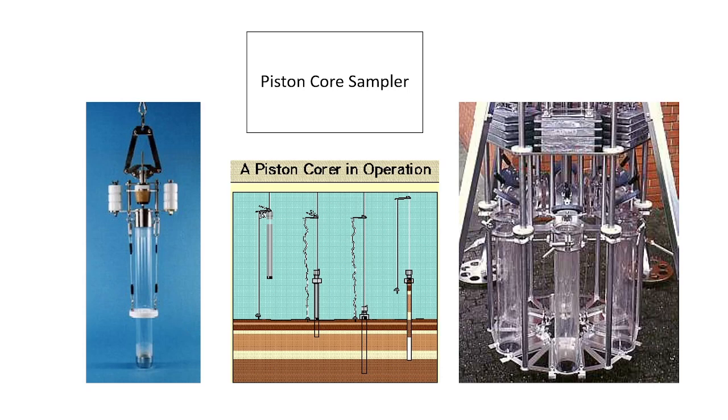But how are we doing this? Here we can see there is one sampling tube. This sampling tube will penetrate into the seabed and it will collect the sample. And in the top, you can see there will be a piston, and this piston will create a suction pressure.